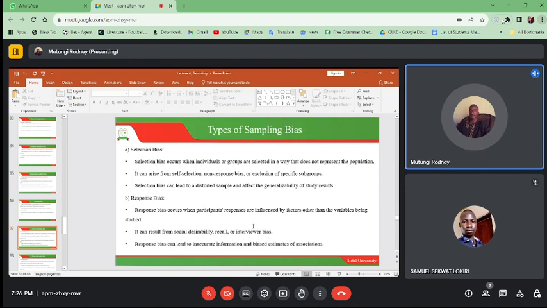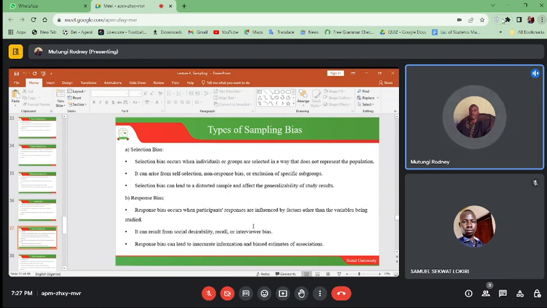Then sometimes you might ask them about something and they cannot recall well, so they give you an answer which is inaccurate. That will also be a part of response bias. Then interviewer bias: sometimes you might want to force them into saying something, or you think what they are saying is not right and you record something which is biased.